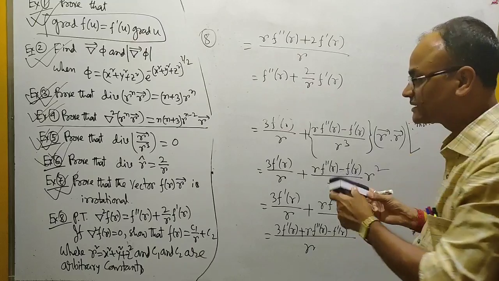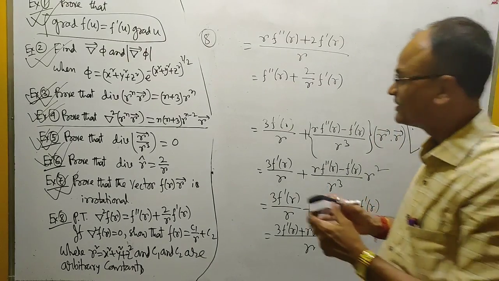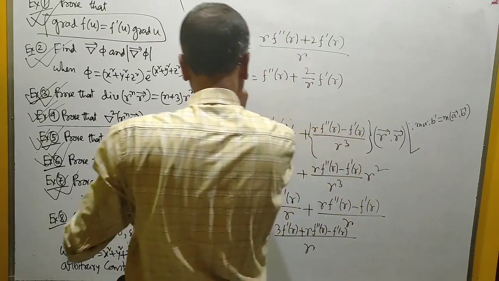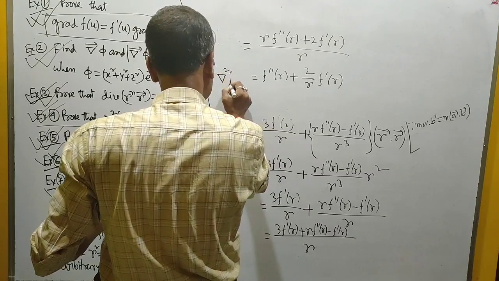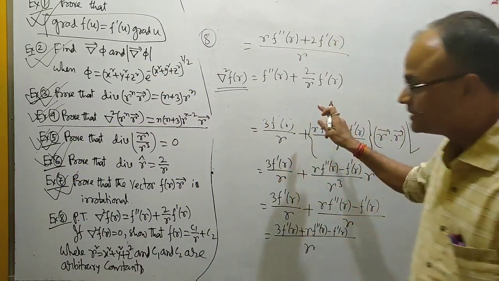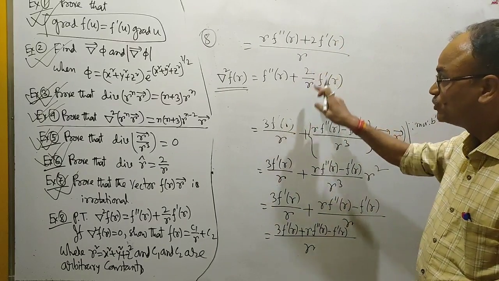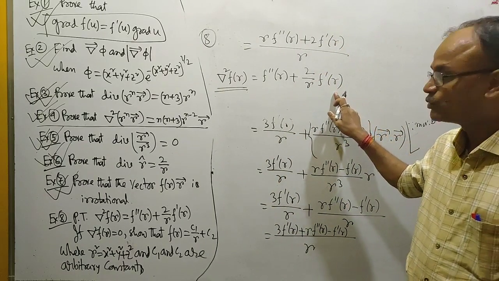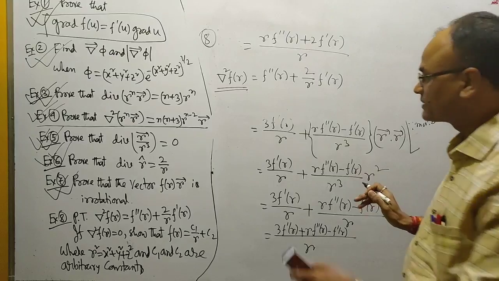Therefore, we have proved this one. Thus, the Nabla square f(r) is equal to f double dash r plus 2 by r f dash r. It has been proved.